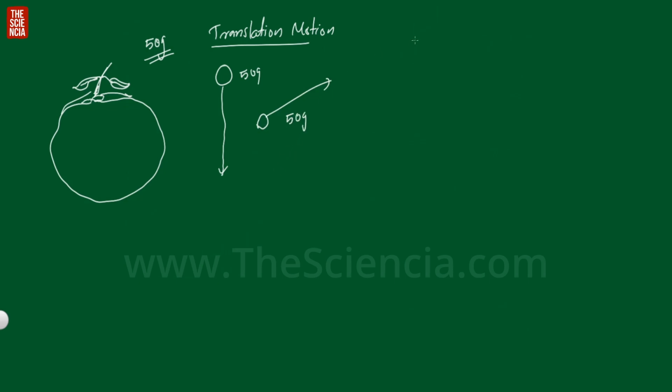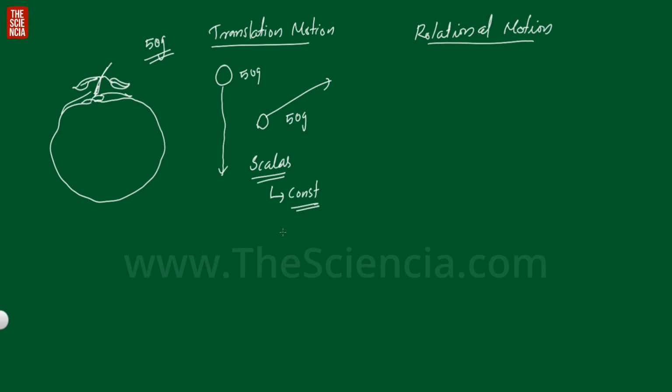Now we are going to discuss rotation. Rotational motion. What happens to this mass? In translational motion, the mass is a scalar. It is a constant value, right? In the non-relativistic case.